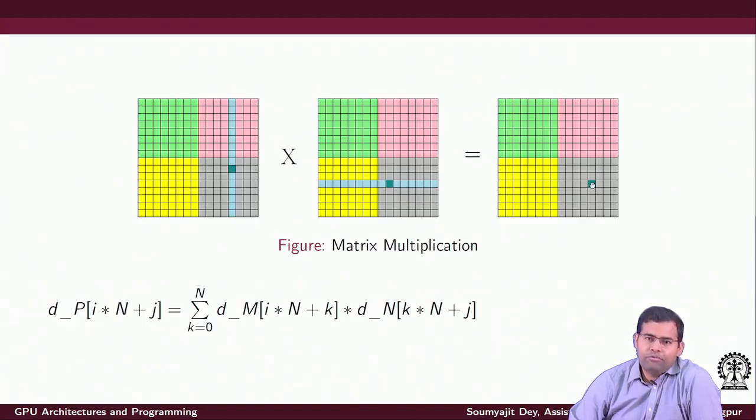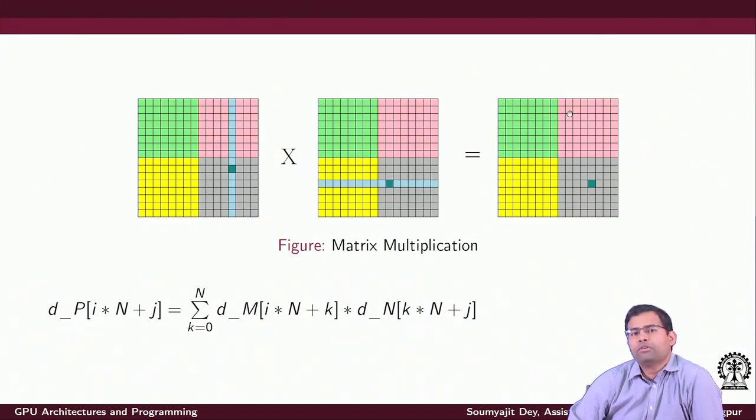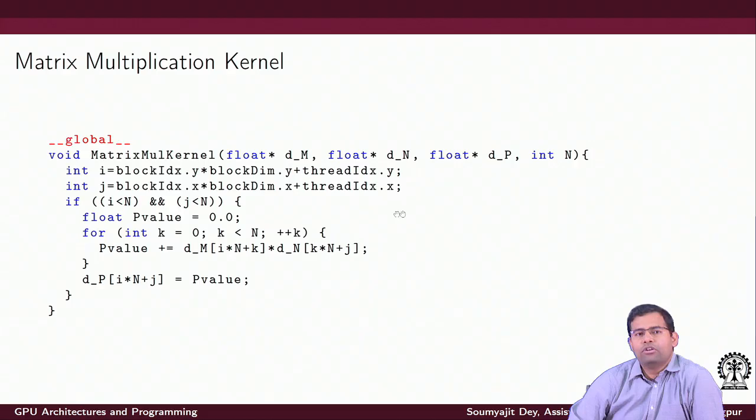So if I ask what is the block ID of this thread, it's easy to see that since the blocks are indexed from 0, I have block IDs of these 4 blocks as 0,0; 0,1; 1,0; 1,1, right? So for this thread I would have the blockIdx.x as well as blockIdx.y values both as 1, right?